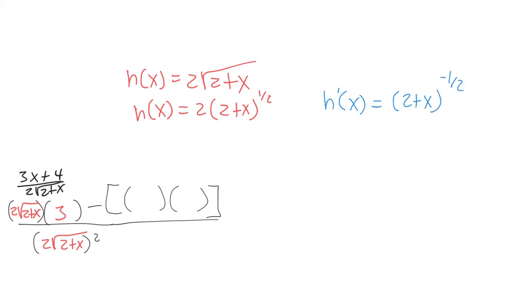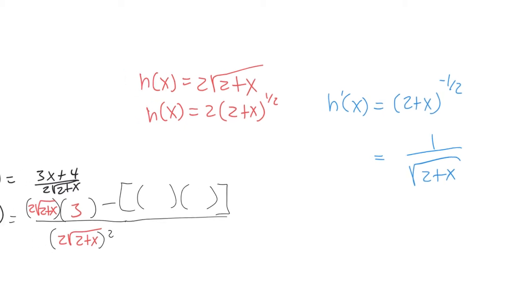Now I'm not going to write the 1 because there's an invisible 1 there. And using the chain rule, we would have to multiply that times the derivative of what's inside the parentheses. It turns out that the derivative of what's inside the parentheses is just 1, so there's an invisible 1 over here as well. And rewriting that in a way that looks a little better would be 1 over radical 2 plus x. So that's the derivative of that one.